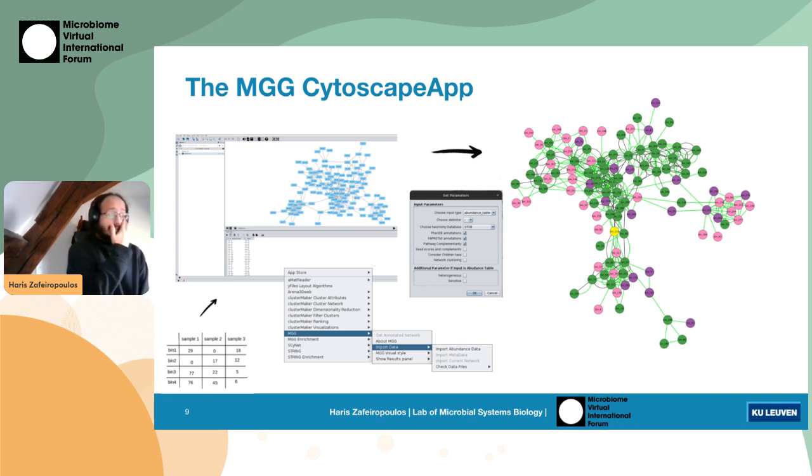To visualize it, we have also developed a Cytoscape app. We call it MGG. So what you can see here is that first of all, you can run it on the fly, like everything you can run completely through the Cytoscape platform, if it is to be used with the on-the-fly version.